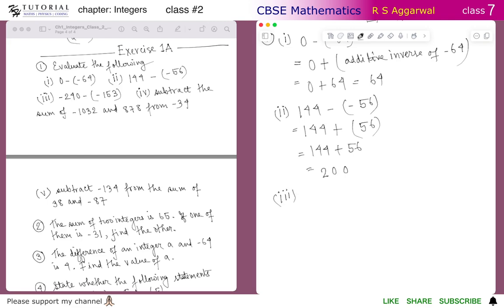Third one says minus 240 minus minus 53. So it is asking to subtract minus 53 from minus 240.